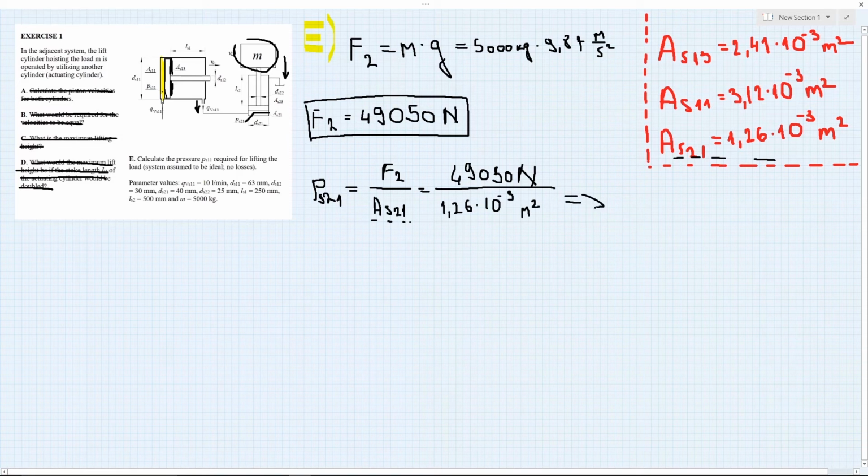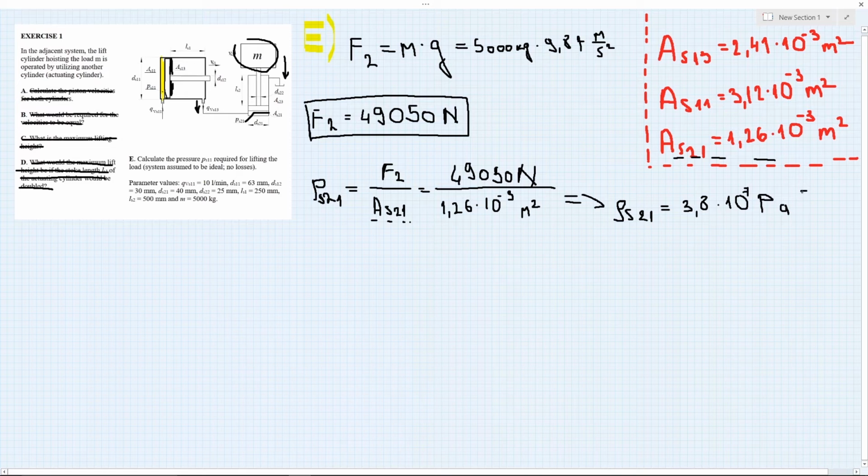So PS21 is equal to 3.8 times 10 on the 7th pascals.